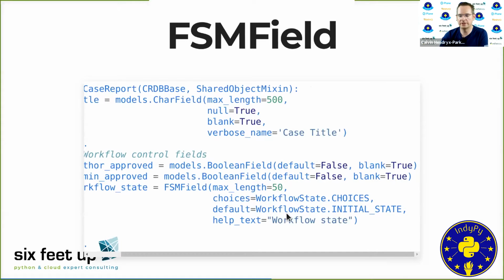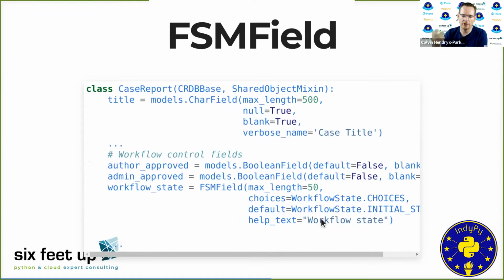Then the default state would be when an item is created and you've not chosen a specific state, you will get this initial state defined as your default state for that workflow state. And then the normal help text you'd have on a Django form for that. So we basically created a workflow state variable on our model that now contains the current state of our item, or our instance of our model, inside of our database.